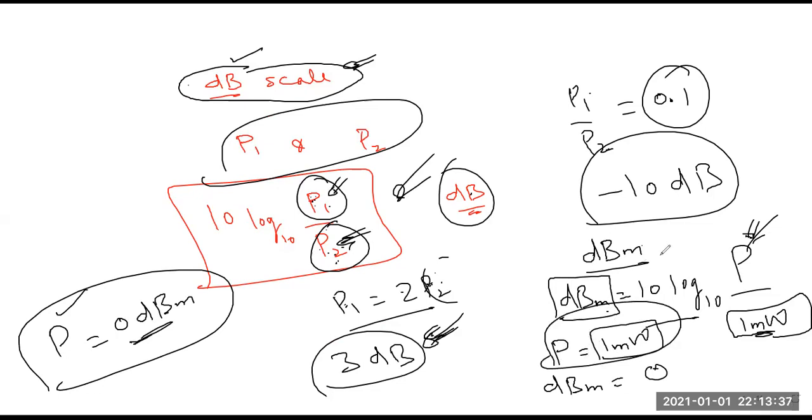If you want to express any given power in dBm, you need to compare it with 1 milliwatt. So if the power that I am comparing is also 1 milliwatt, you get 0.